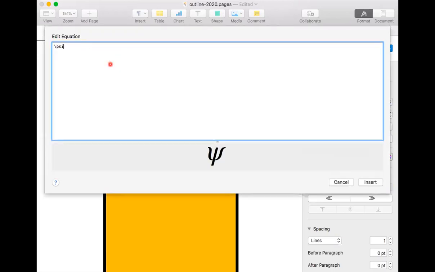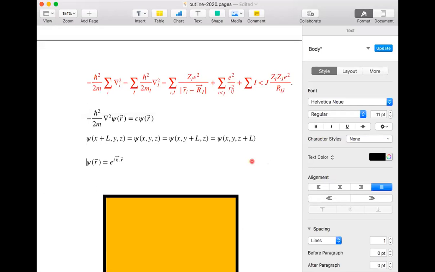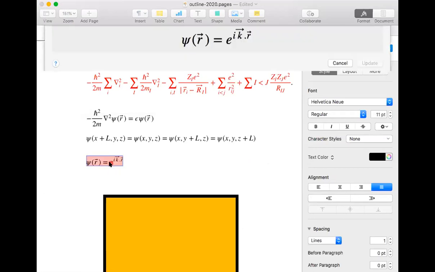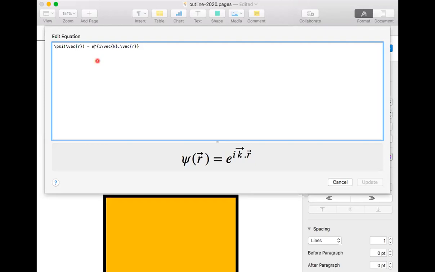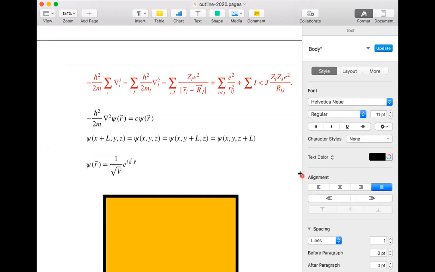So what you will have is psi of R is equal to, you get solutions like this with the normalization.